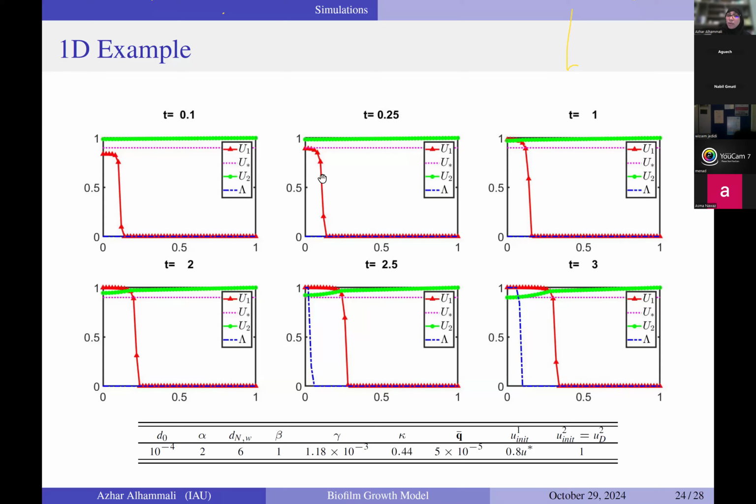Over time we see that the biomass grows upward by consuming the nutrient, and it becomes mature at this time. It continues growing until it hits its maximum density, which is 1. Once it hits its maximum, the Lagrange multiplier lambda, which is in red here, in blue, changes, and rather than growing upward, the biomass diffuses forward.